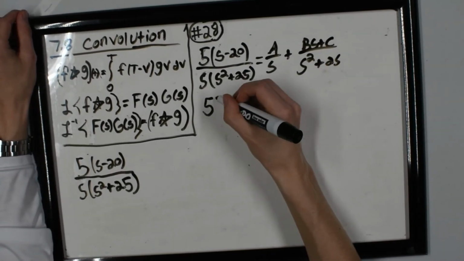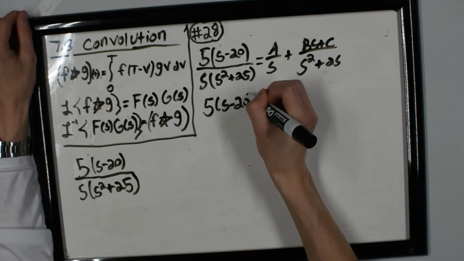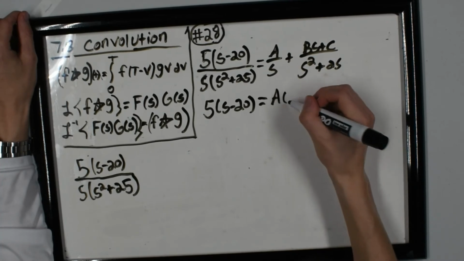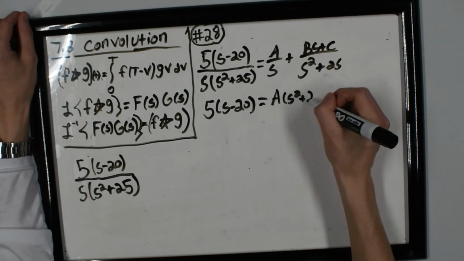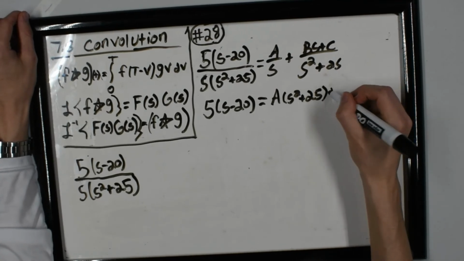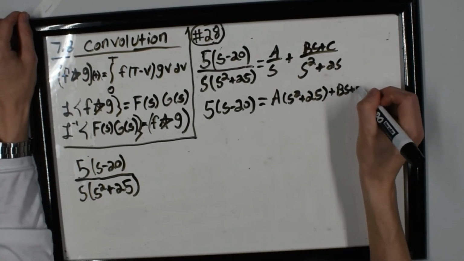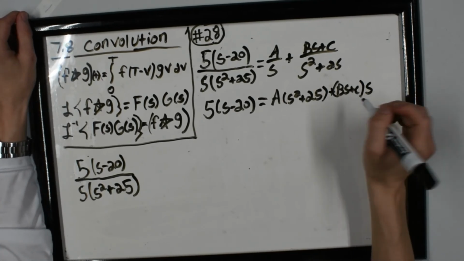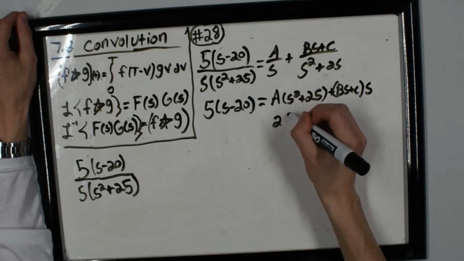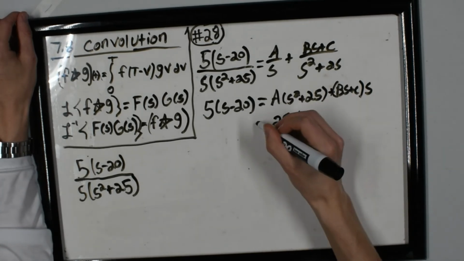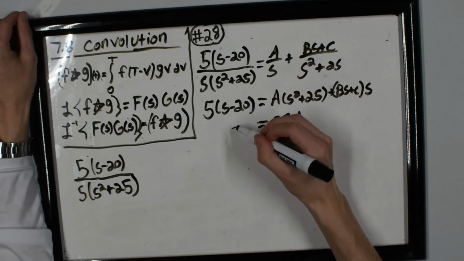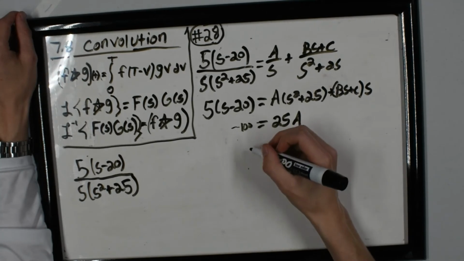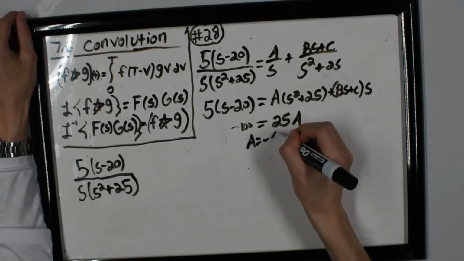So now what we're going to do is multiply by the denominator: 5s minus 20 is equal to A times s squared plus 25, plus Bs plus C, times s. So if we say s is equal to 0, we get 25A is equal to negative 100. So A is equal to negative 4.